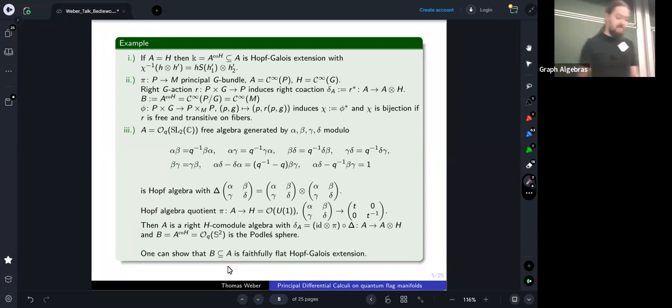It turns out, as we have basically also seen in the conference, that the invariants under this coaction are exactly the Podleś sphere. And one can show that this is a faithfully flat Hopf-Galois extension. I didn't mention faithful flatness yet, but we are going to see this in one of the next slides.